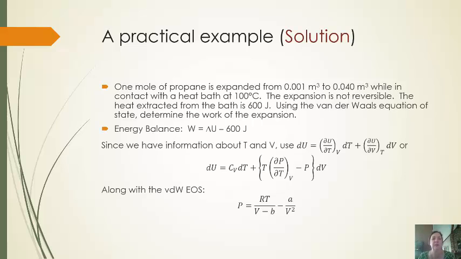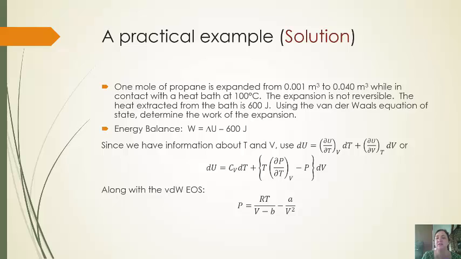So if you look at the first law, I can end up with the work plus Q is equal to delta U. It's a closed system. Now Q is 600 joules, so I end up with an expression for work as shown here. I now need to figure out what delta U is.